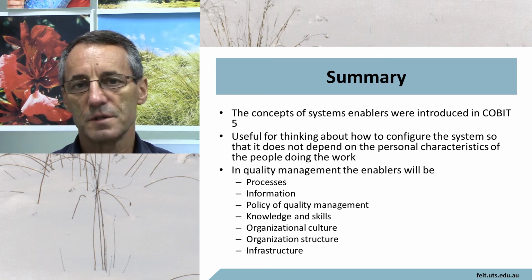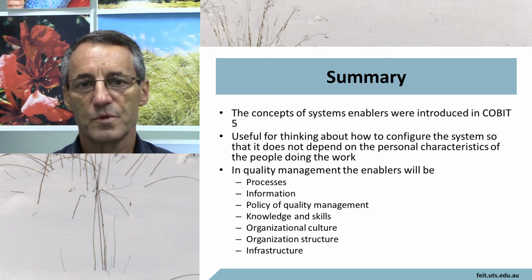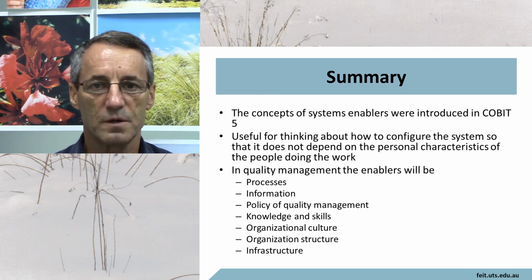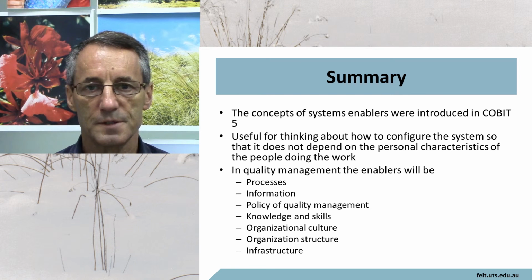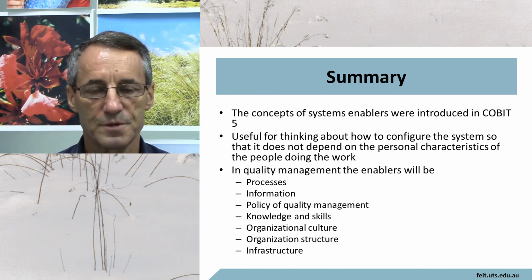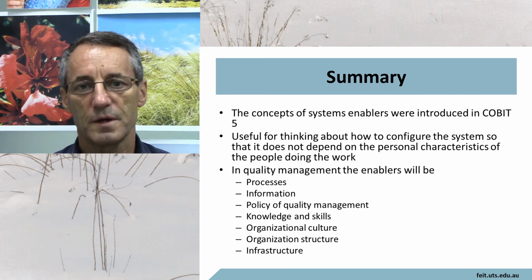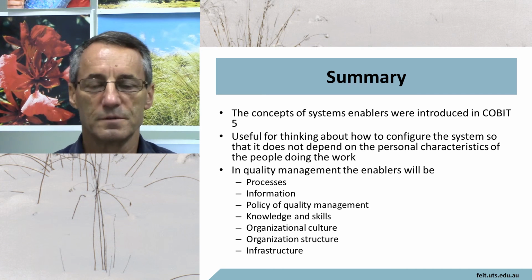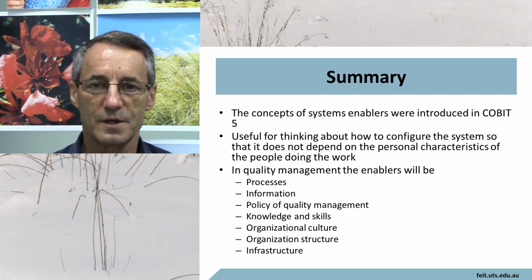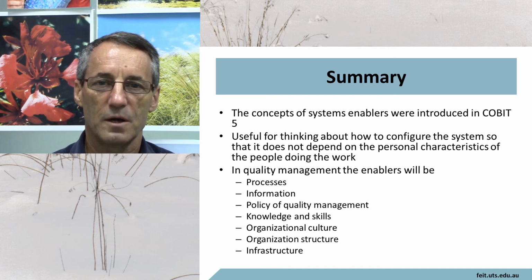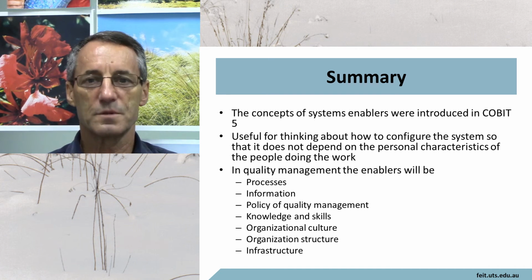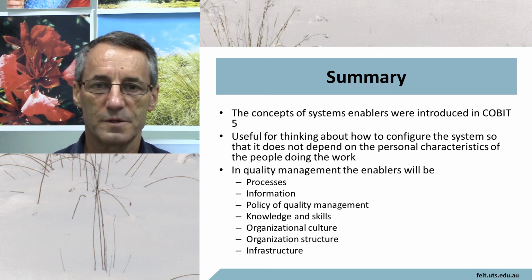But largely, we put a system in place to support people and to minimize the effect of varying performance. So if you like to think of it in terms of, well, here's the factory with all the bits and pieces in the factory. How do we set this factory up to get the best performance out of it?